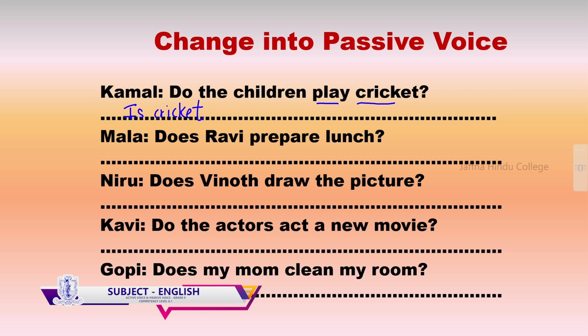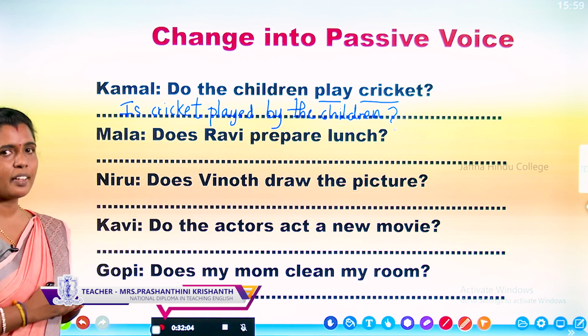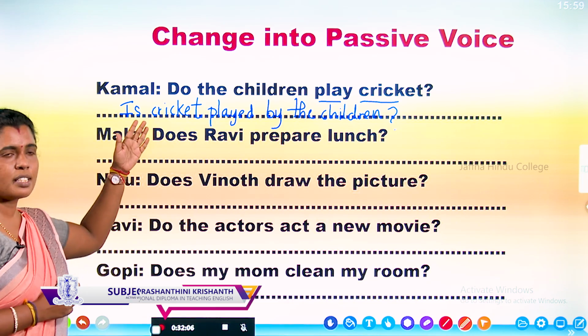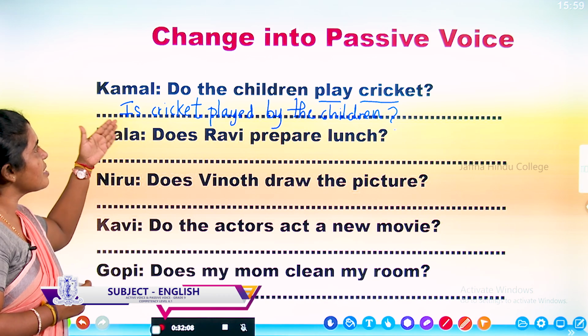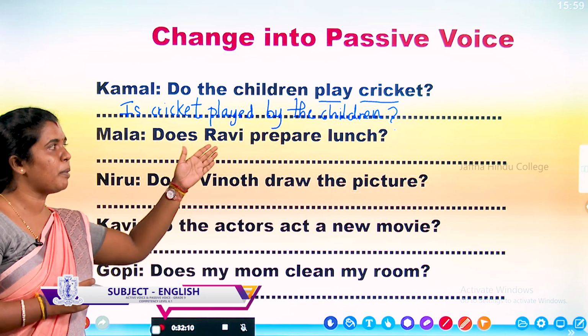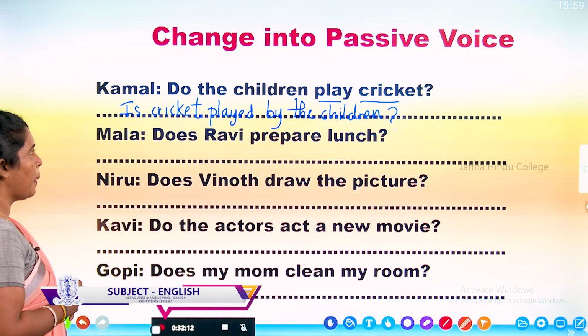Play is the verb here, so played, by, who is the doer? By the children. The children is the doer. So question mark. Do the children play cricket? This is active voice. Here the passive voice is: Is cricket played by the children?